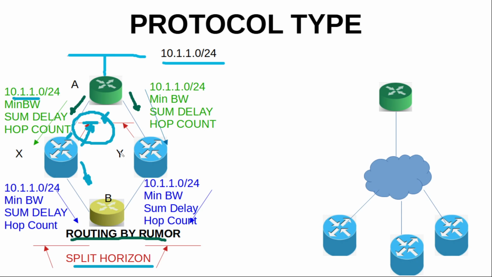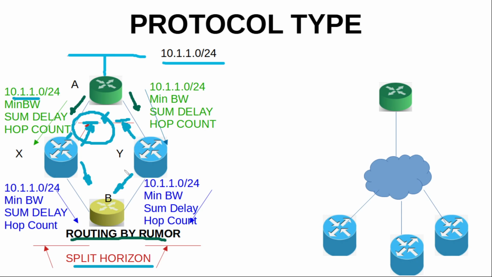The same happens with the blue router Y. As soon as it receives the update from the green router A, it will send an update to all of its neighbors, including yellow router V, but it will try to send this update back to green router A. In this case, the split horizon will not permit that this update gets sent, and this will happen at every single router.